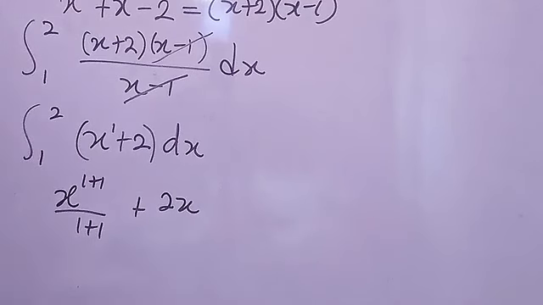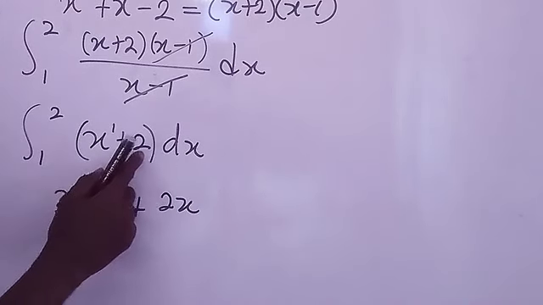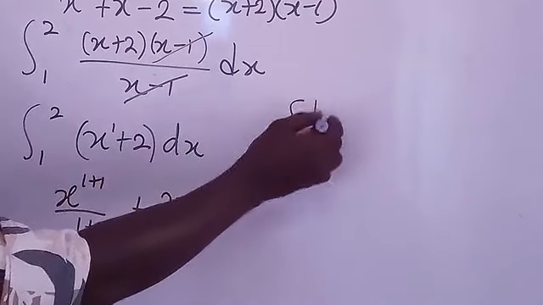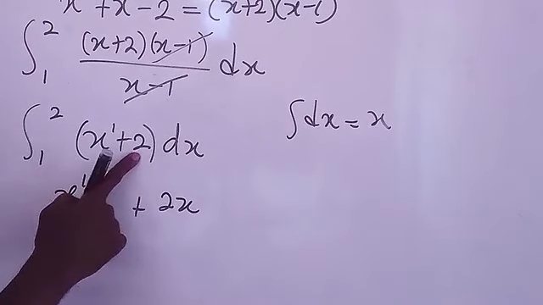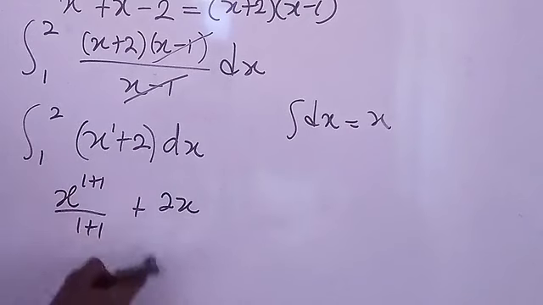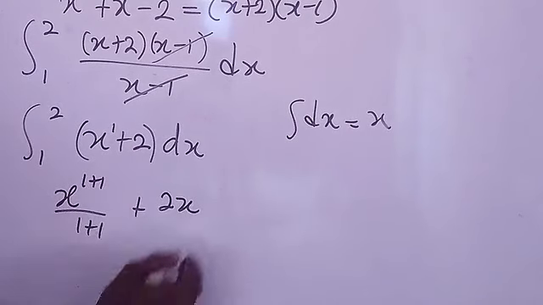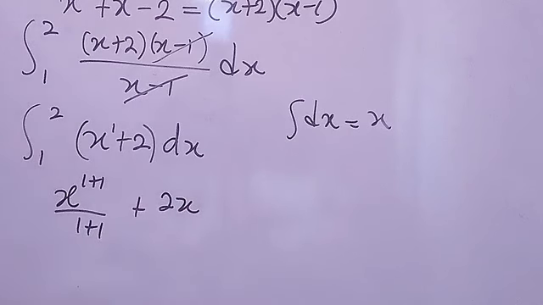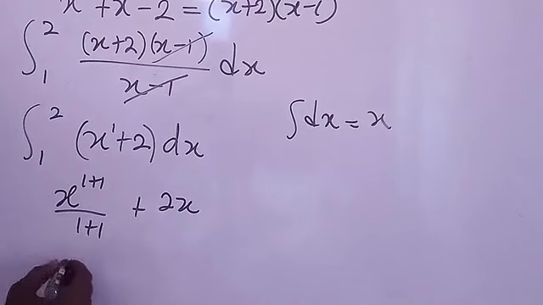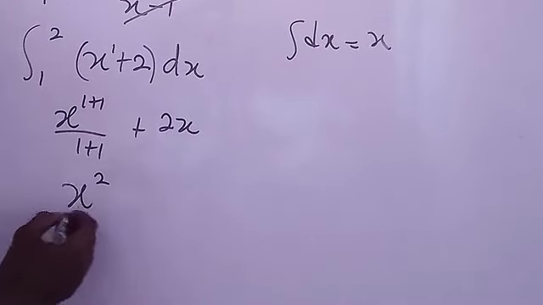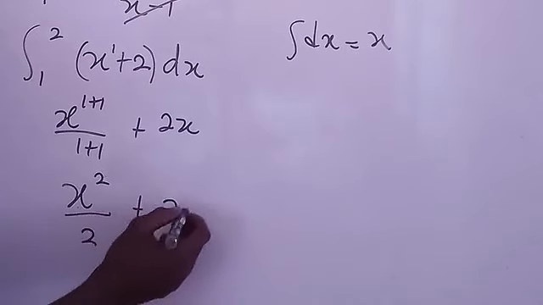It's going to be 2x because, although we don't have a variable x here, whenever you are integrating dx alone, it's going to be x, and this 2 is just a constant. So we're going to have 2x. Are you getting it now? So from here, x to the power 1 plus 1 over 1 plus 1, plus 2x. Then we can simplify this to be x to the power of 2 over 2, then plus 2x.